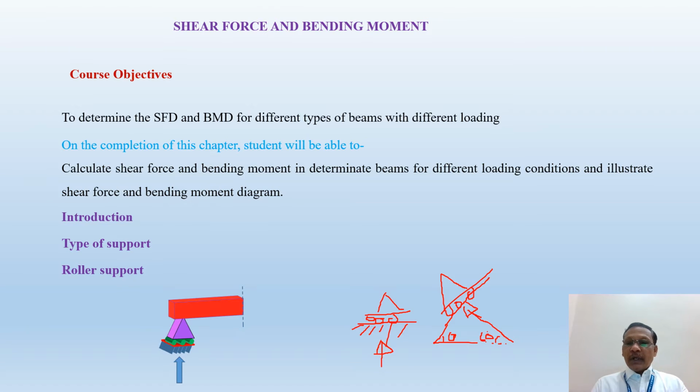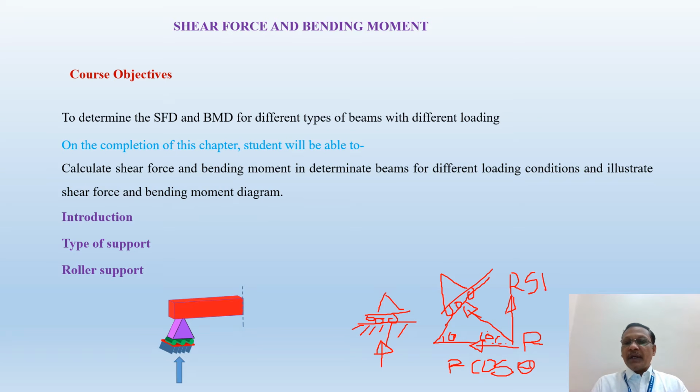First of all, consider that this is the reaction R offered by this roller support. Since the support is inclined, it has two components: one component acting horizontally and one component acting vertically upward. The horizontal component of this reaction is R cos theta, and the vertical component is R sin theta.